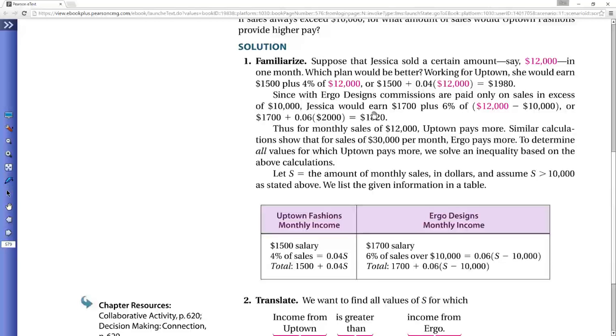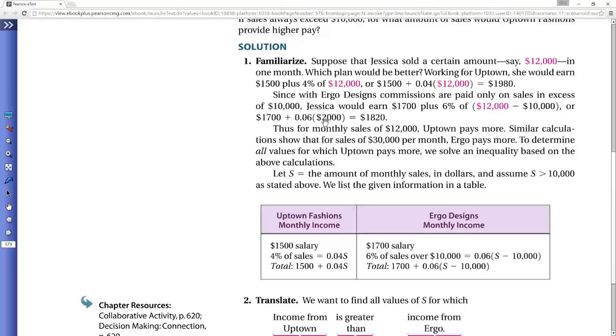And that's what they're doing here. Now in this formula for how they provide their salary or money for their employees, they paid only for sales in excess of $10,000.